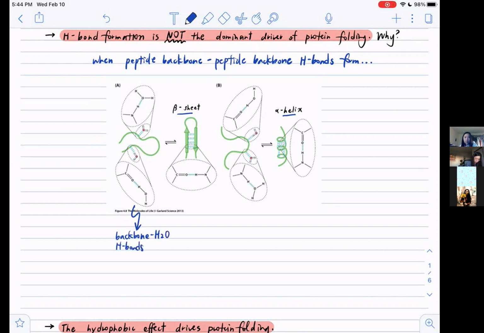And so when you form protein secondary structure, these backbone water hydrogen bonds are just displaced by hydrogen bonds between different regions of the backbone. So you can see here that they're showing you backbone hydrogen bonds.